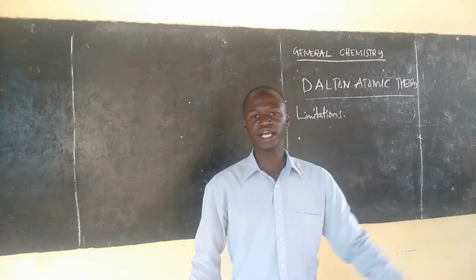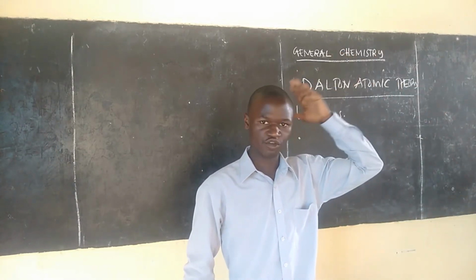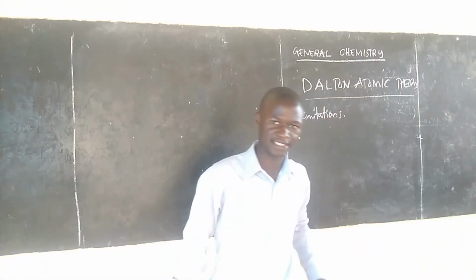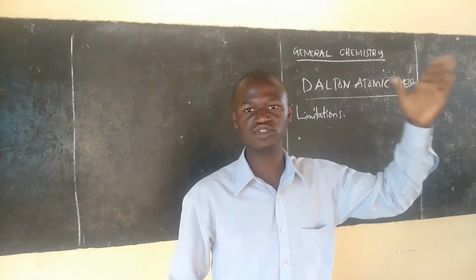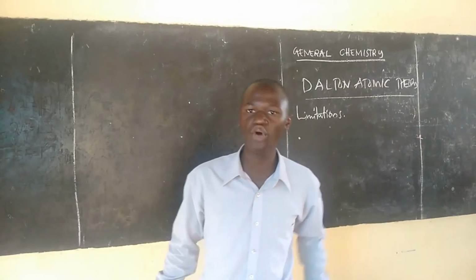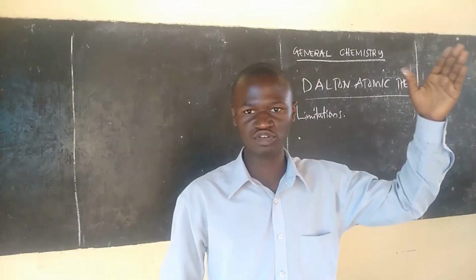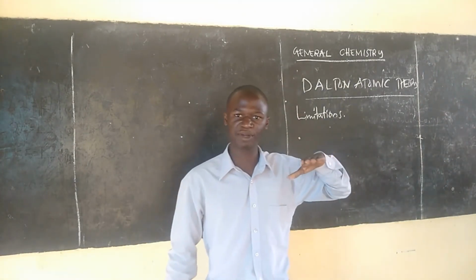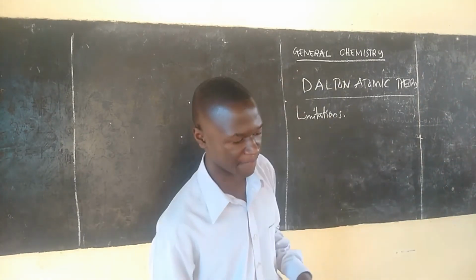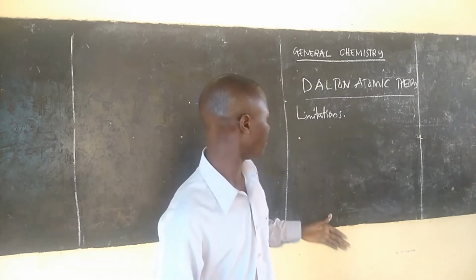Now, according to the idea of Dalton, kama alivyozipanga ideas za Dalton, from the first to the last, every assumption of Dalton's atomic theory has its own amendment. Kwa hiyo, for every assumption of Dalton's atomic theory, we have its limitation because of different experimental evidence ambazo zilikuwa zimetokea.